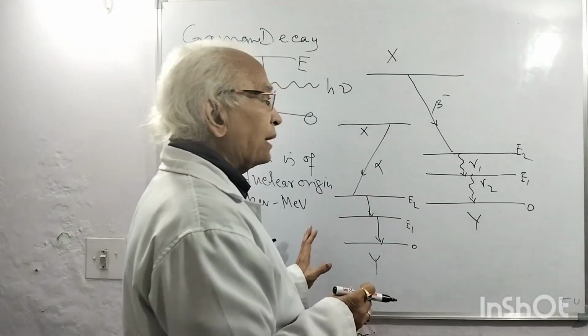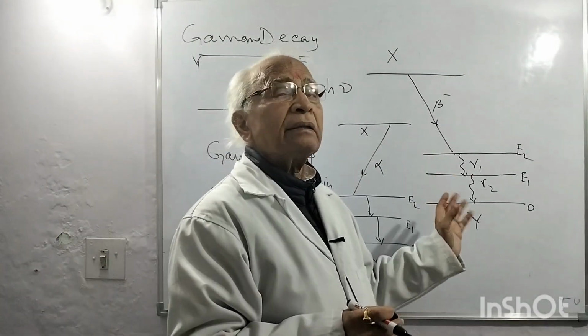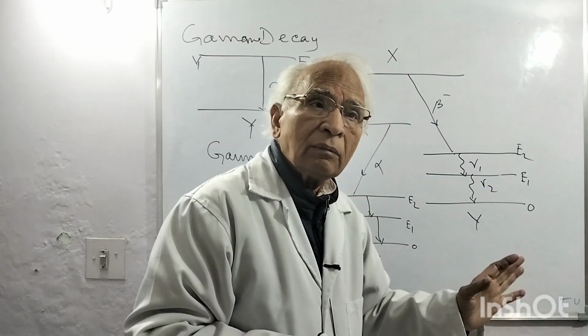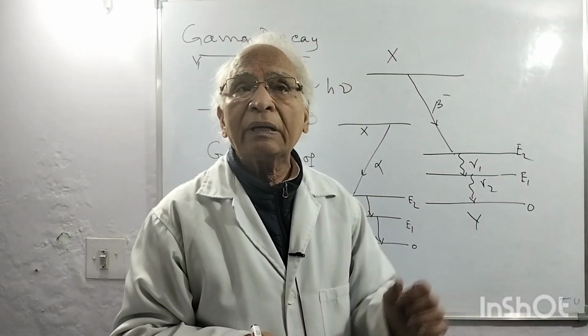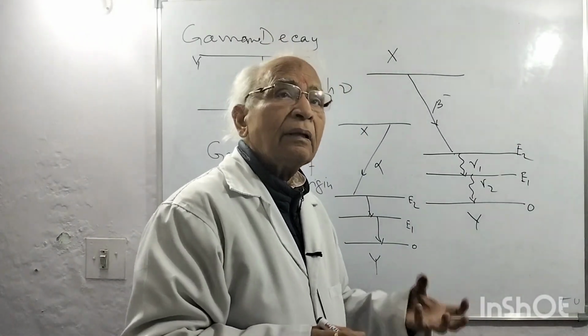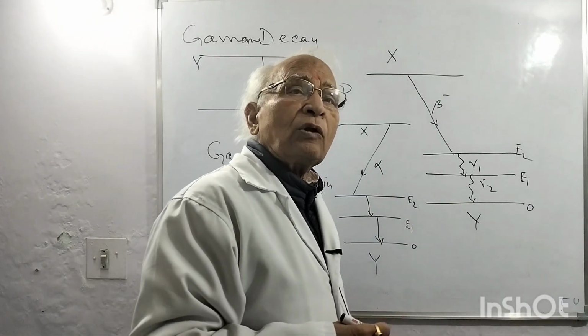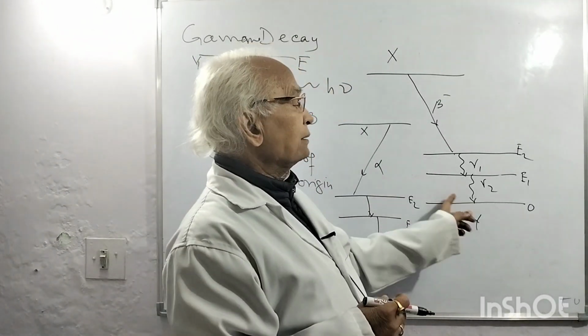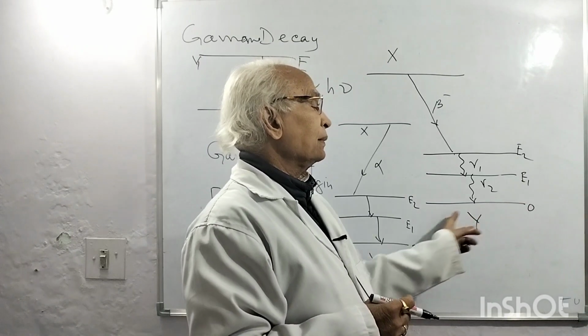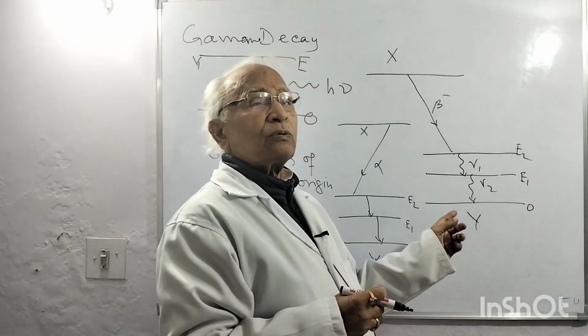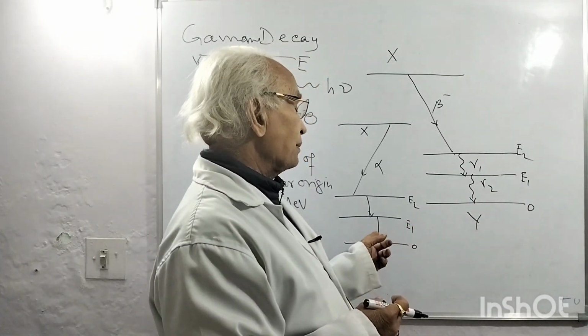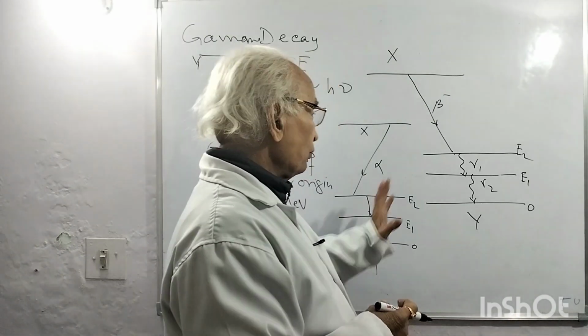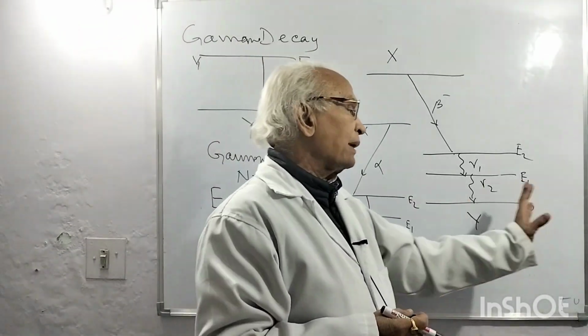In beta decay, the charge increases by 1 unit, because an electron, a negative particle, is going out, so the residual system has positive charge. So the charge becomes Z to Z plus 1. Here the charge becomes Z minus 2. So we show this on the left side, and this we say right side.